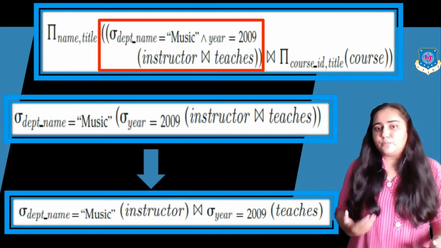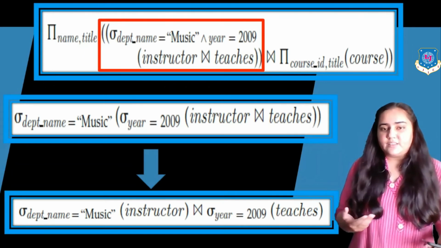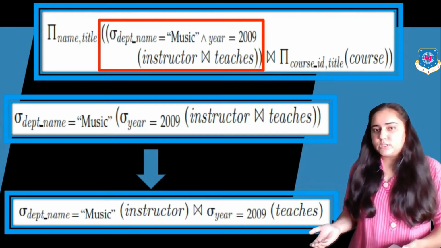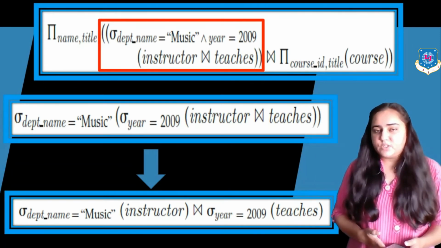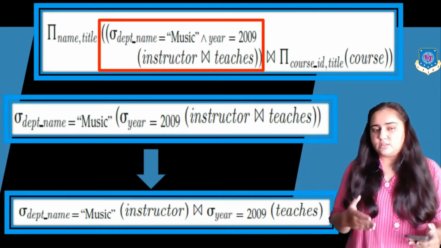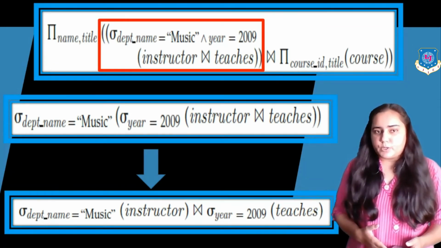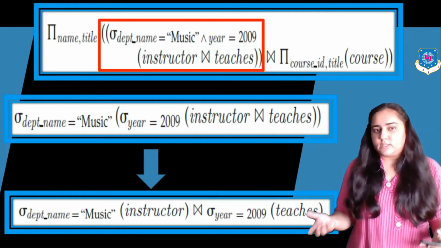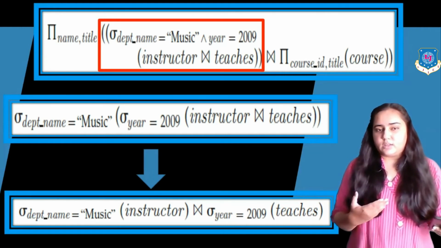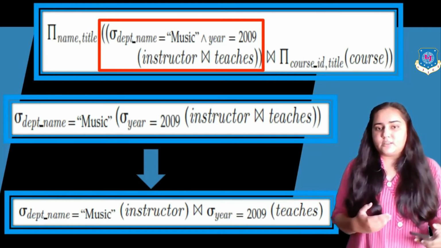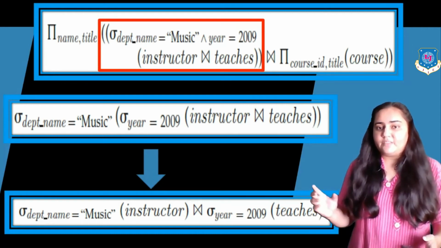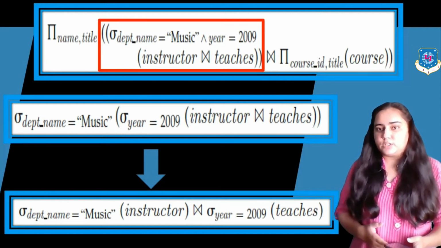Department name is not present in teachers. And the year is only present in teachers, but it's not present in instructor. So I can still make it individual sigma operations. So I have individualized. You can see now dept name condition is applied only to instructor, and the year condition is applied only to teachers.